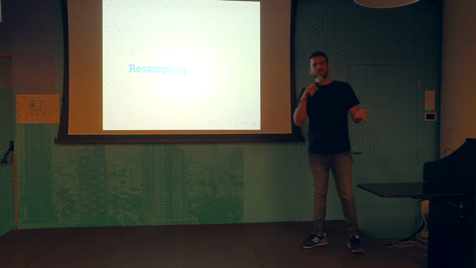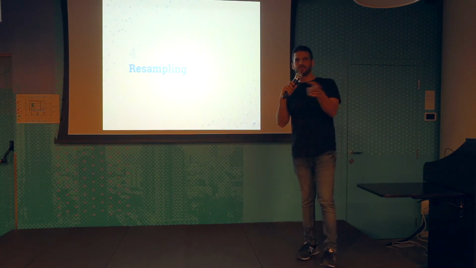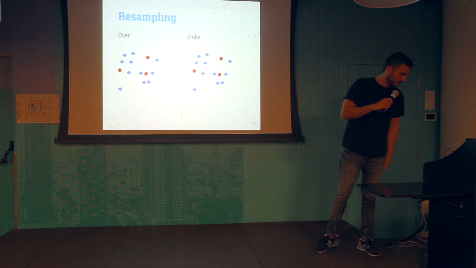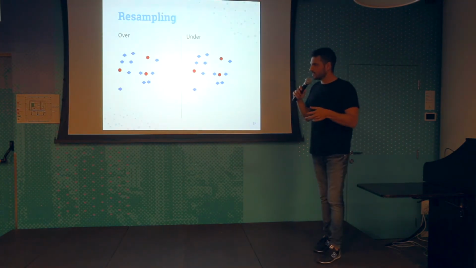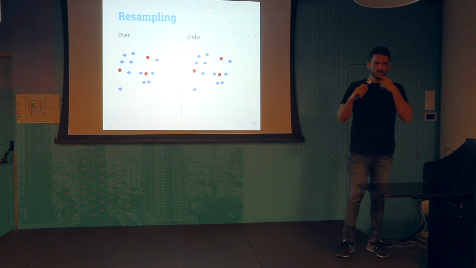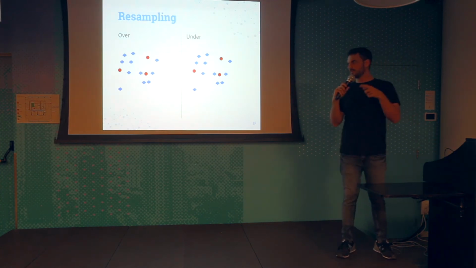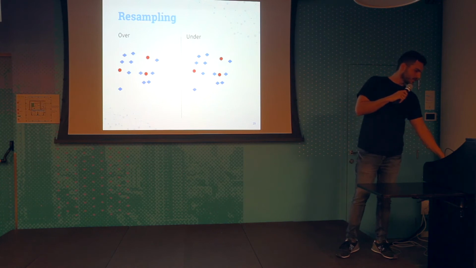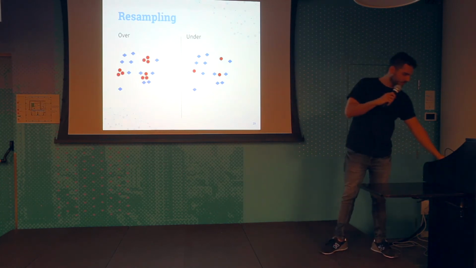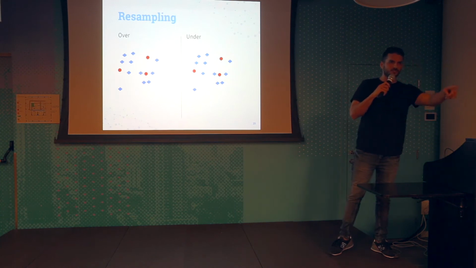We first talked about manipulating the loss function, now we're going to talk about manipulating the actual data. Just a quick reminder for you guys, what's random oversampling and random undersampling. In random oversampling, did you see the beautiful animation Uli made for me?